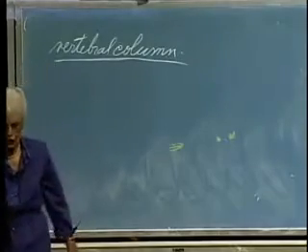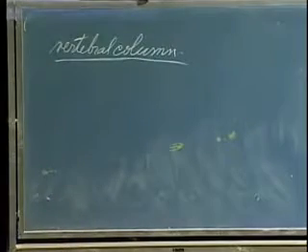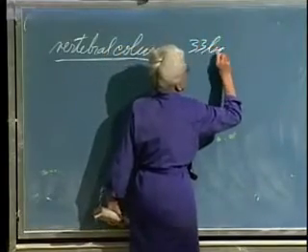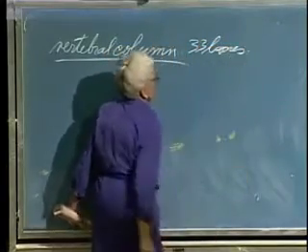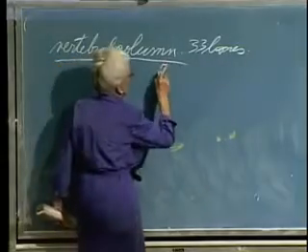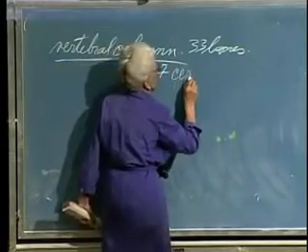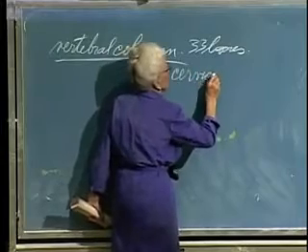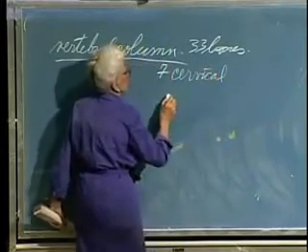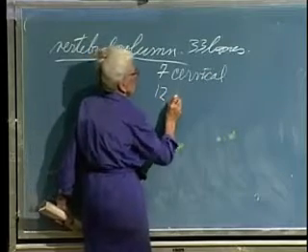We have 33 bones in the vertebral column. We'll have 7 cervical. What does cervical mean? Neck. We'll have 12 thoracic.